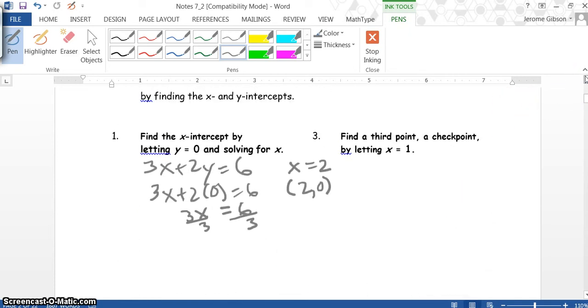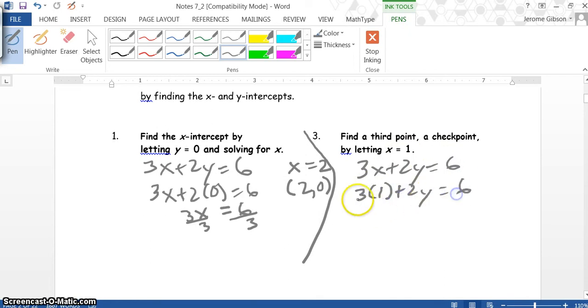Now we go here to number 3. It says find the third point, a checkpoint, by letting x equal 1. So we would take this same equation, but this time we will substitute in 1 for x. Now 3 times 1 is 3, plus 2y equals 6.